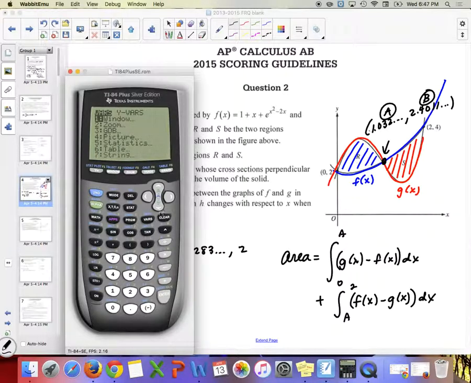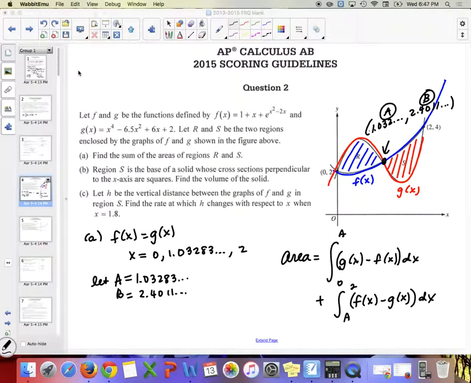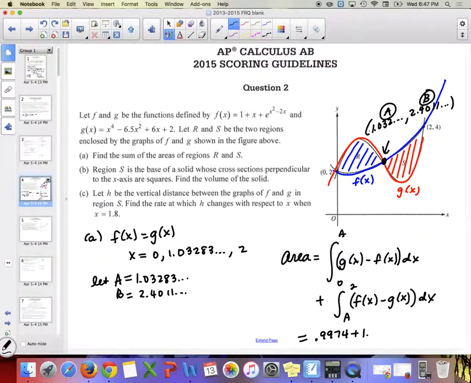All right. So yeah, 2.004 is the answer. And you could find each one individually. I actually found each one individually before, and I had like 0.9974 plus 1.0069. So you can do that if you want, or you can do it all together like I did.